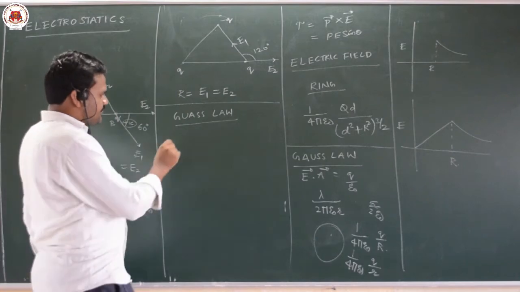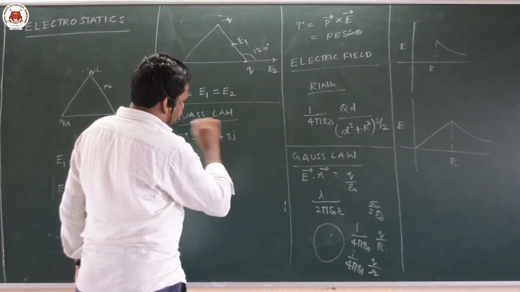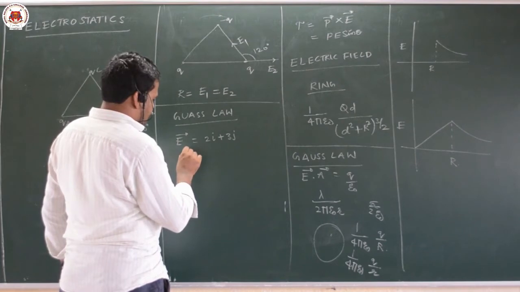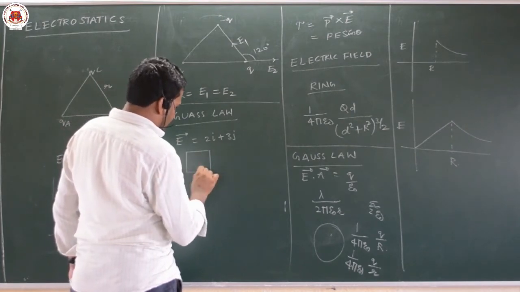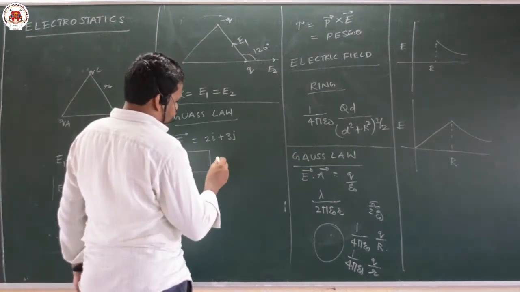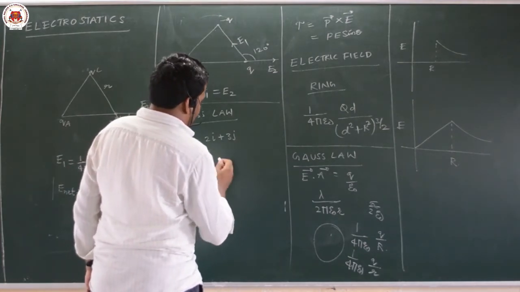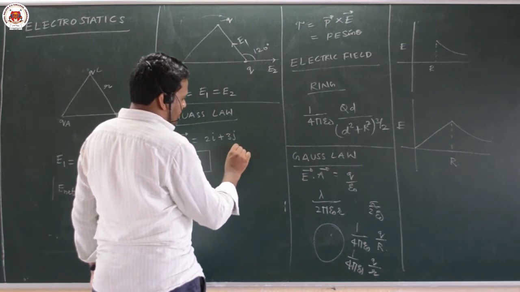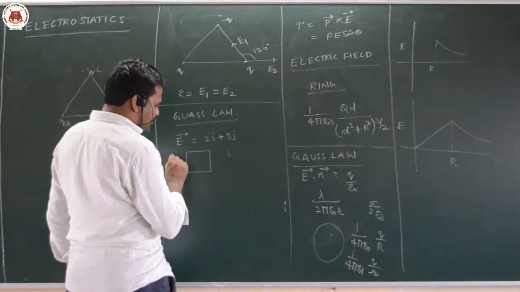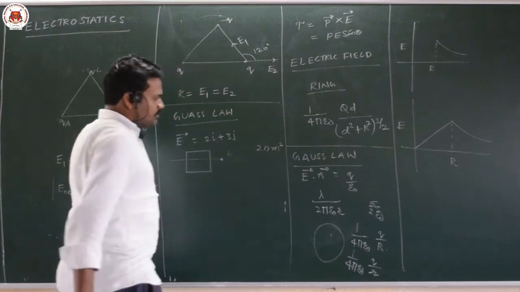Electric field is given by 2i plus 3j, and it is passing through a cubical surface or any surface whose dimensions are along the x axis it is i plus j, or otherwise it is passing through a square plate you take, whose area is some 20 meter square.